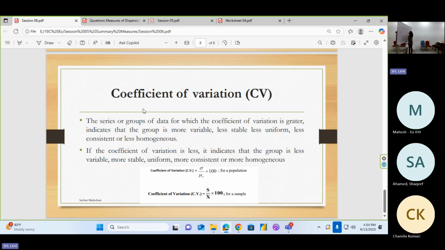Then the second one, 41.513 divided by 232, times 100, gives 17.89%. Okay. Then here, all of you got the answer.